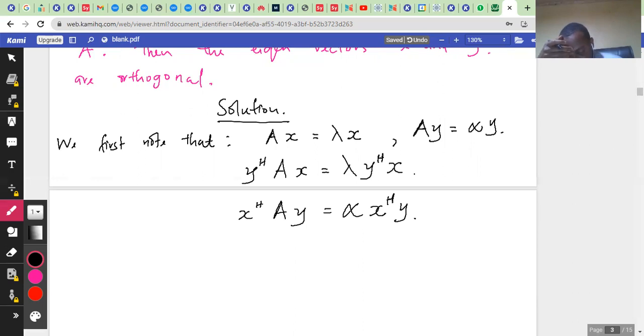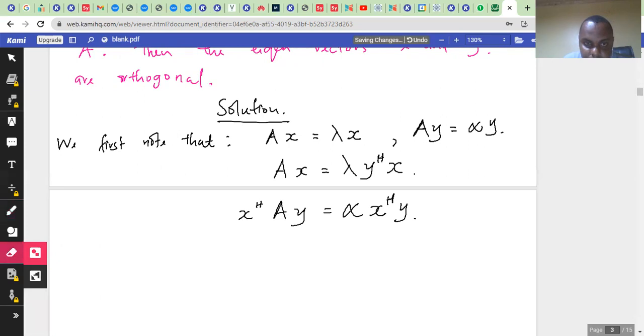And then next, we can take the Hermitians. So let me write it here.